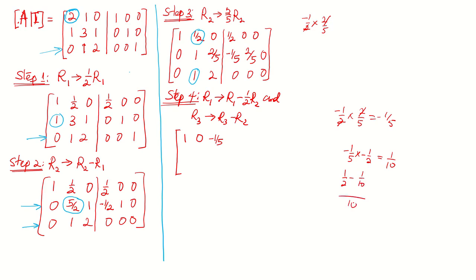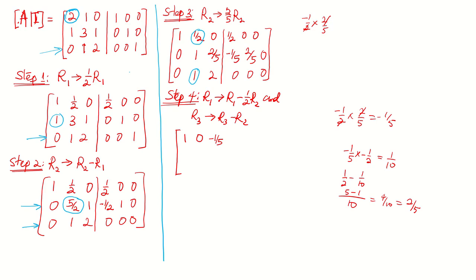The LCM here is 10. That's 5 minus 1, so that's going to be 4 over 10, and that will give 2 over 5. Is that correct? I hope I'm performing the operations correctly.